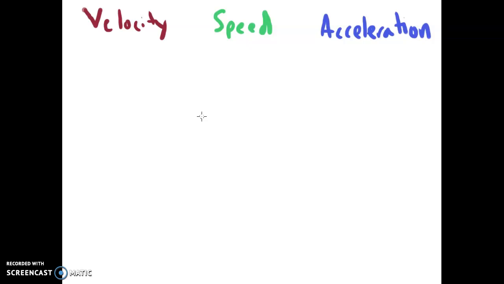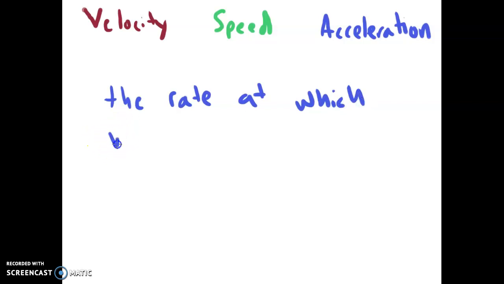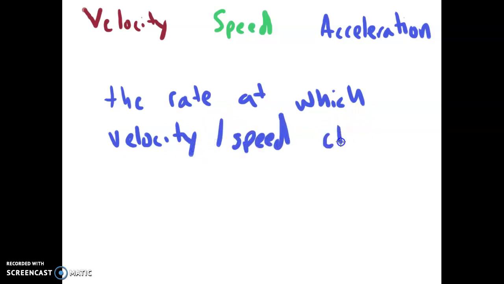Or said in a bit of a better way, and I'll write this down in blue, it's the rate at which velocity or speed changes. And this is a bit tricky, right? You might say, hold up, Mr. McClure, right? Velocity and speed are different things. How can acceleration be both the rate at which velocity changes and the rate at which speed changes?